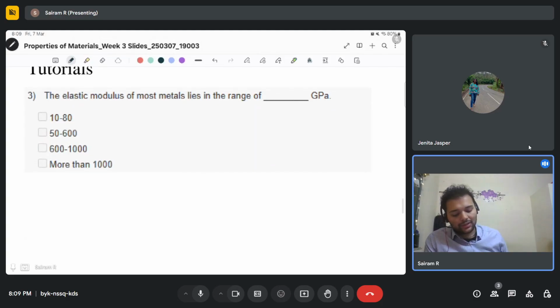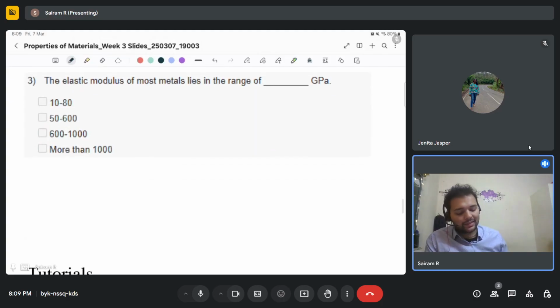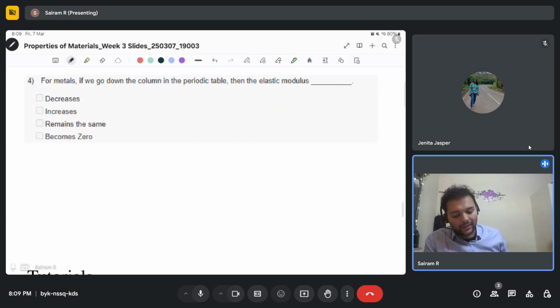The elastic modulus of most metals lies in the range of 50 to 600 GPa. For metals, if we go down a column in the periodic table, the elastic modulus decreases.